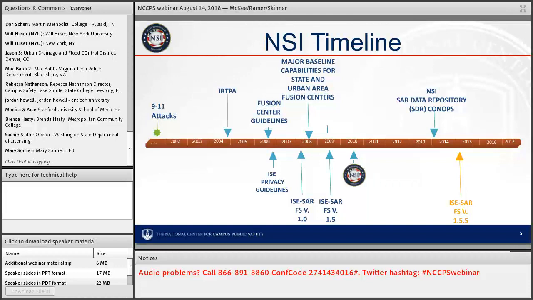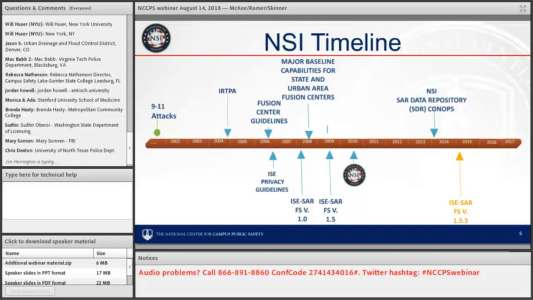And their role was to try to set up the guidelines and solve all of the information sharing problems that had not worked as we'd like them to before 9/11, to try and solve some of these issues. And it's been an ongoing effort involving a lot of agencies and a lot of people, but there's been a lot of agreement on it. So that's how we got to where we are with the Nationwide Suspicious Activity Reporting Initiative to be able to share that information.